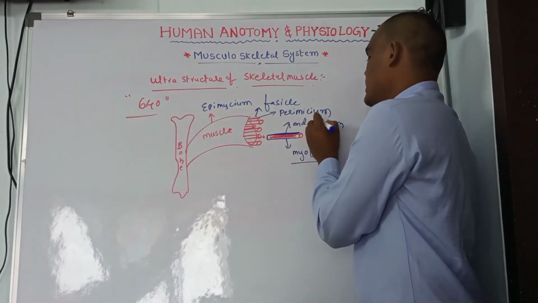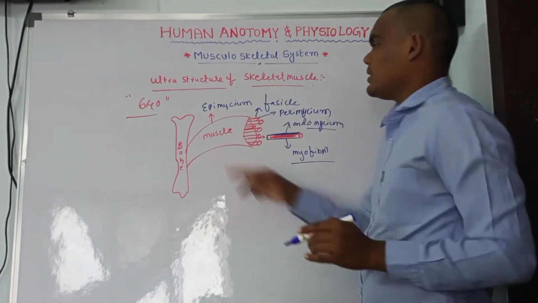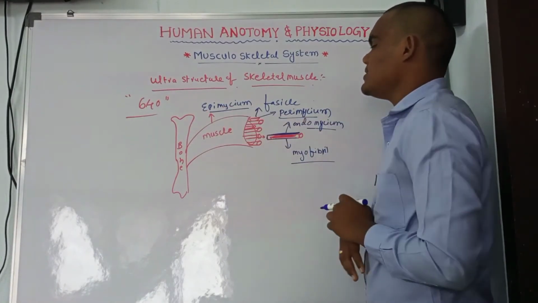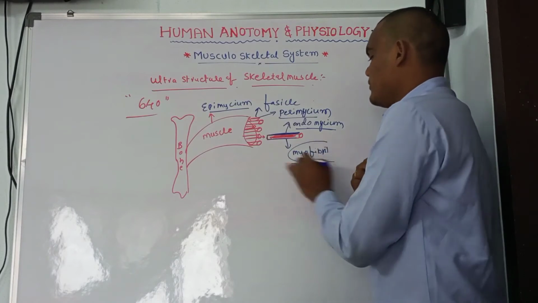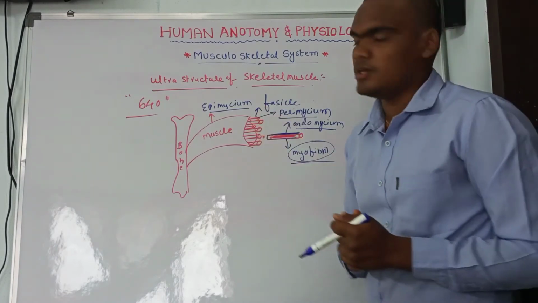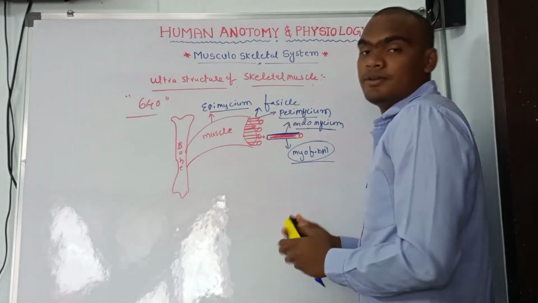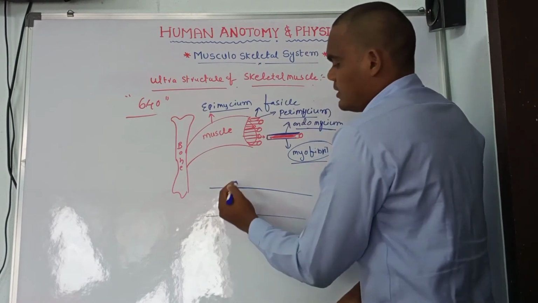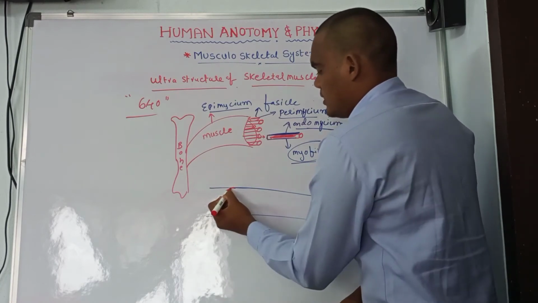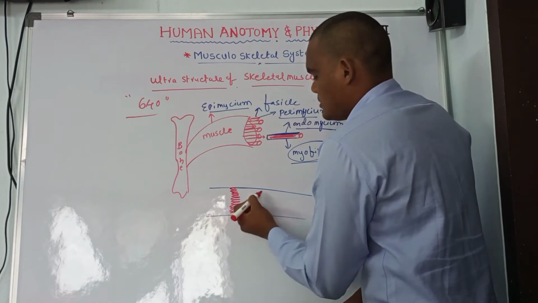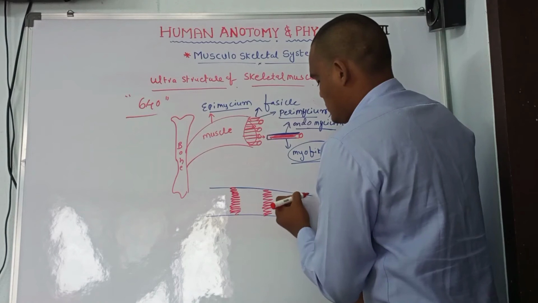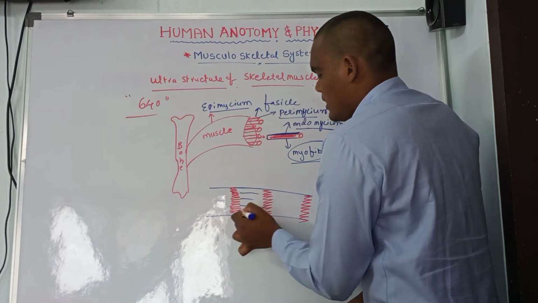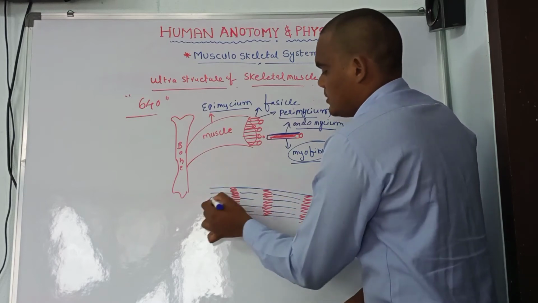So see the students, epimysium, perimysium, endomysium. Finally we observe the myofibril structure. In this structure, myofibrous structures are observed, with dark bands and also light bands present here.